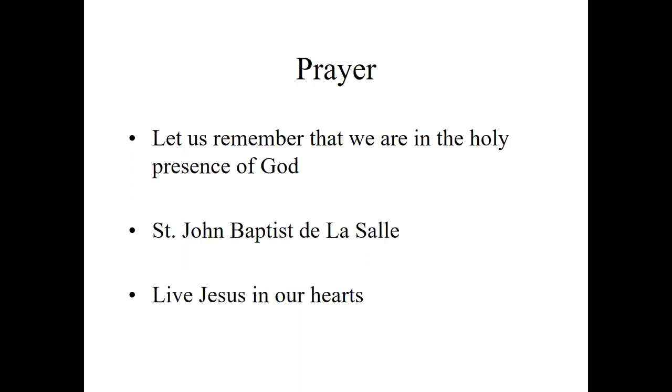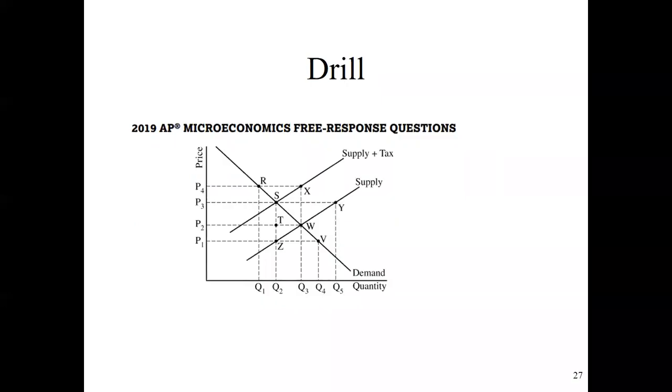Why isn't the tax burden on the more elastic side? Here, this is perfectly inelastic, right? Yeah. All right, let's put the number 50, and let's put this at $5. How much is the tax? It would be $2.50.